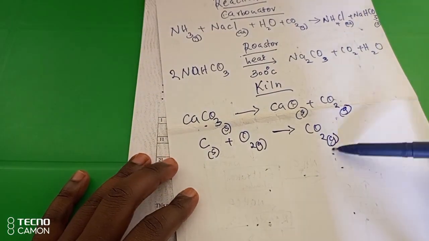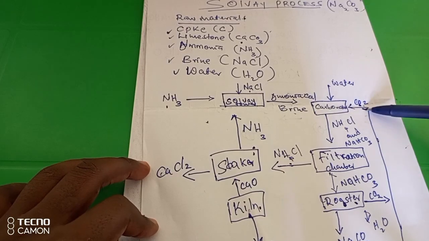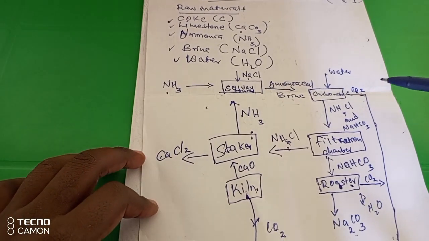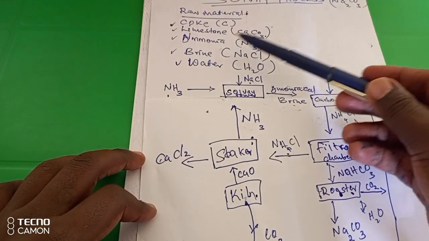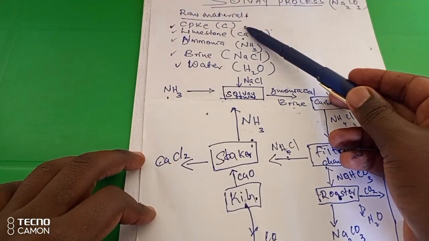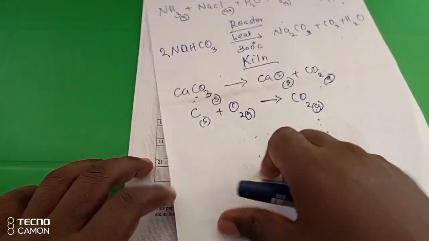So this carbon dioxide which was initially used in this process was obtained by heating calcium carbonate and coke, which is carbon.